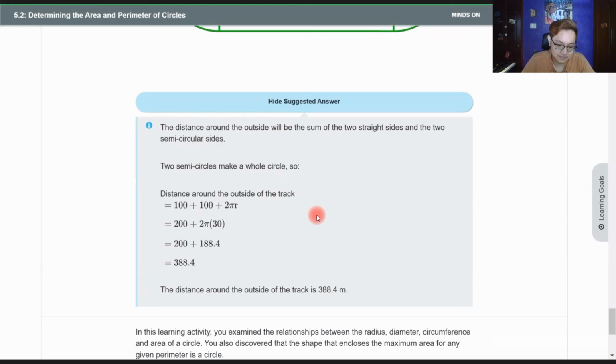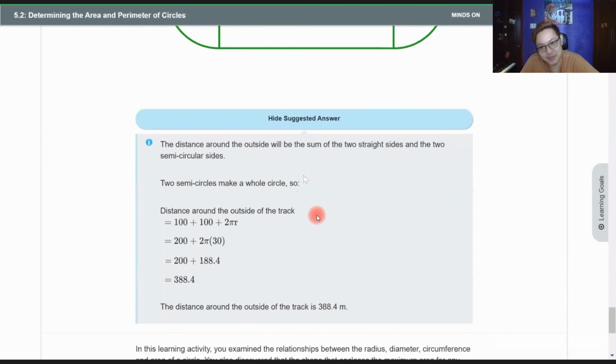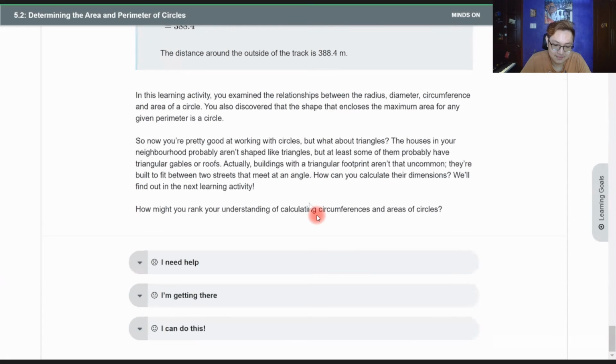Okay, right, great. What's the unit? It's meter. Of course, because it's the perimeter around. Yeah. Let's move on.